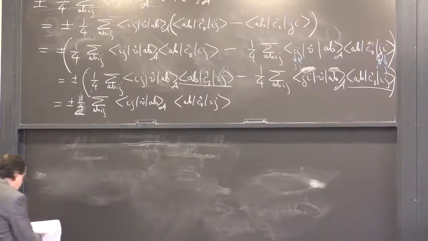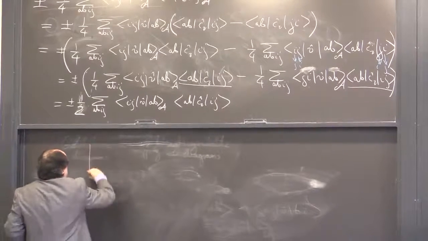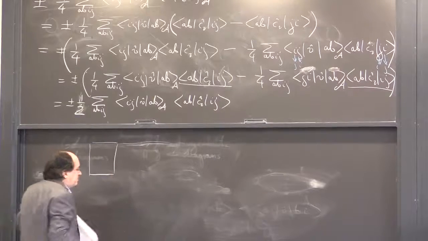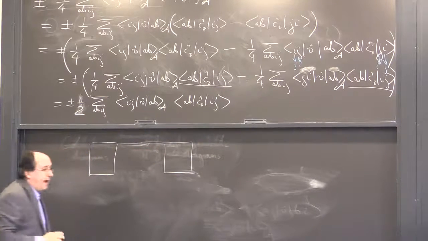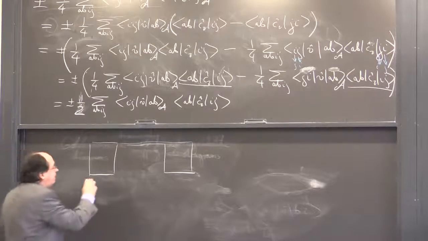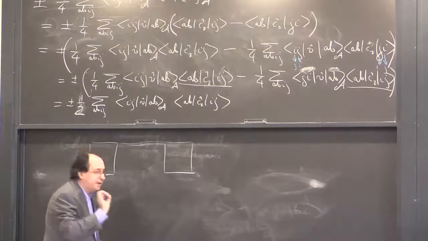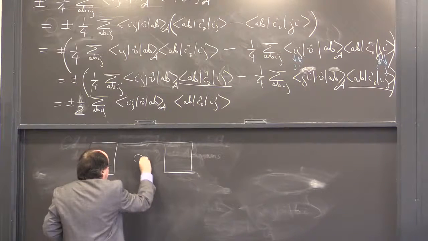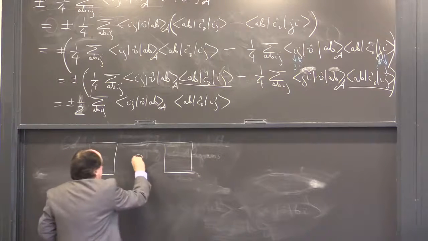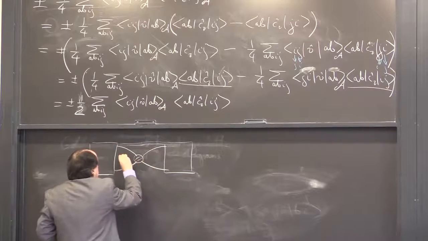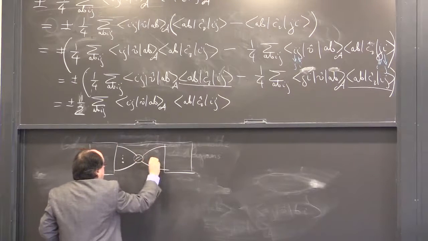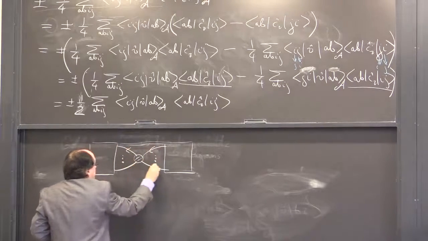So let's imagine that I have some sort of a diagram, where I will look more carefully at one specific Hugenholtz vertex. That's a Hugenholtz diagram, and among various vertices, somewhere in the middle I have a Hugenholtz vertex. Let's have lines going this way.